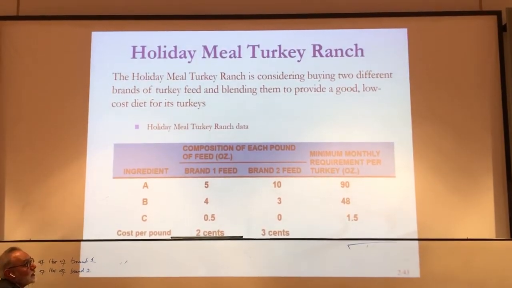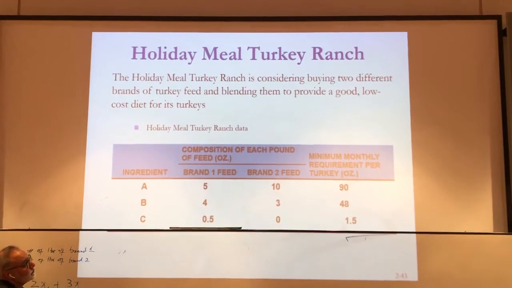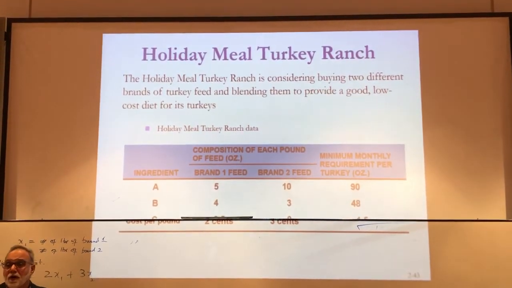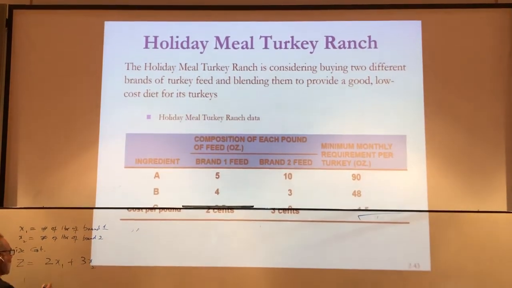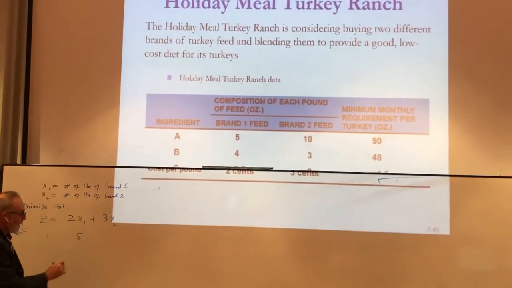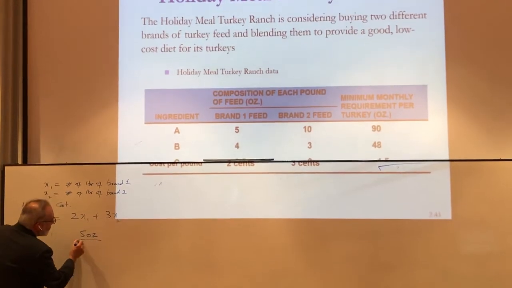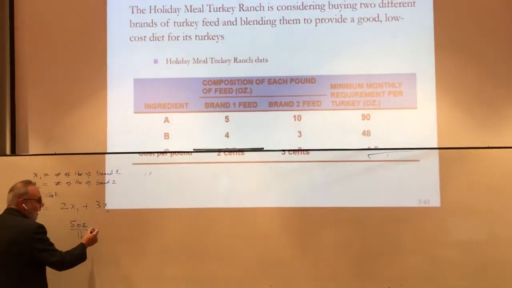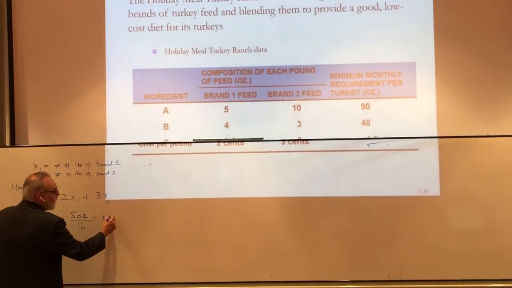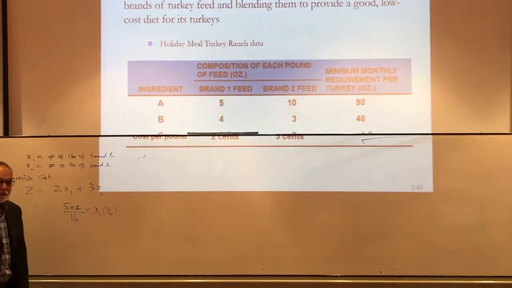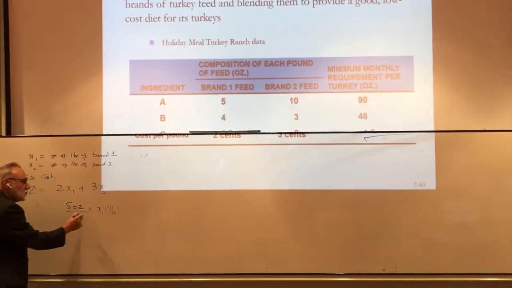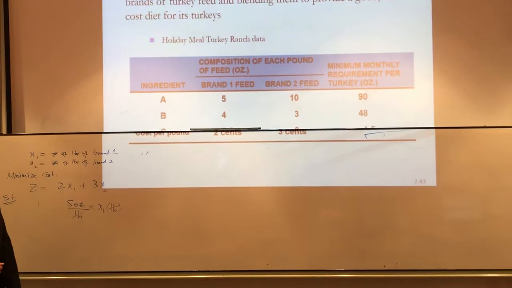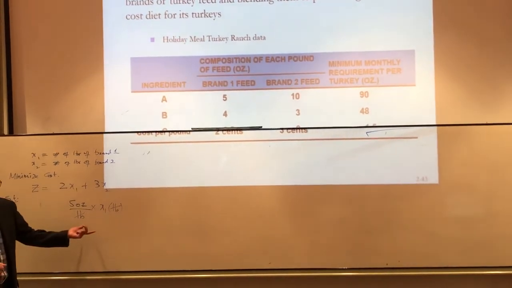And it says that in brand 1, 5 ounces of ingredient A is there per pound. 5 ounces per pound. When you multiply with x1, which is also in pounds, the pounds cancel, and we are left with ounces.